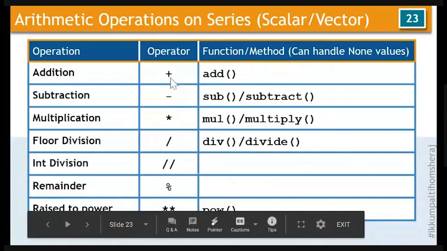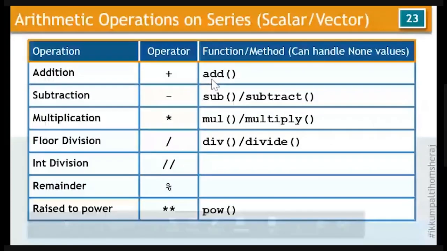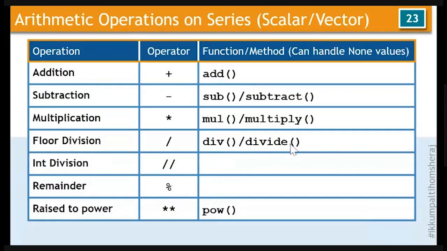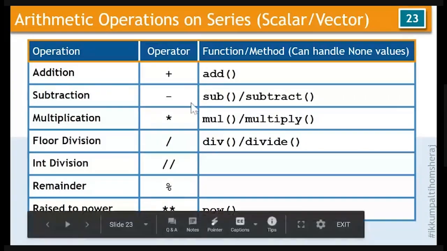Now, either we use plus or we use add, it will make the same sense. Either you use the minus sign or you use sub or subtract, it will be the same. You use star or mul, it will work exactly in the same manner. You use the division sign or you use div or divide, it will have the same meaning. Now, why at all would we be using these functions if these simple operators also perform the same?